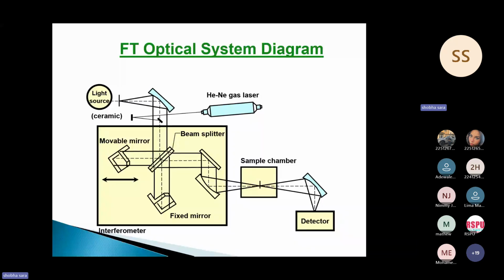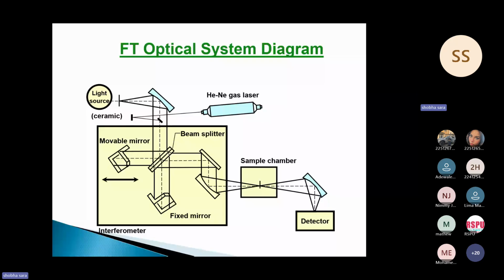The IR source is giving a broad band of infrared radiation, but with the interferometer, it is modulating the light. When the light is first incident on the beam splitter, it splits the beam into two parts. One will go to the fixed mirror and the other will go to the moving mirror.